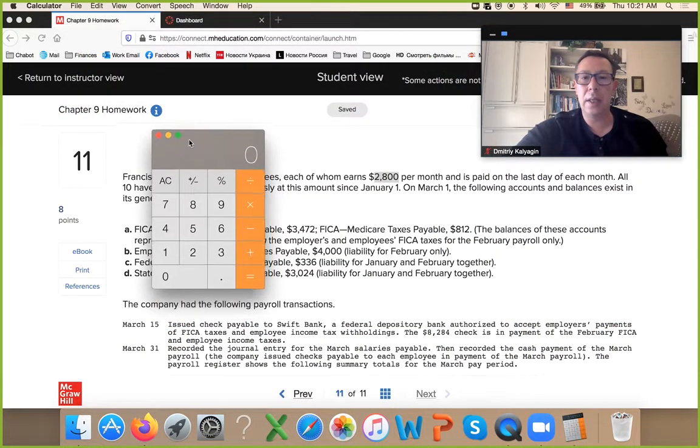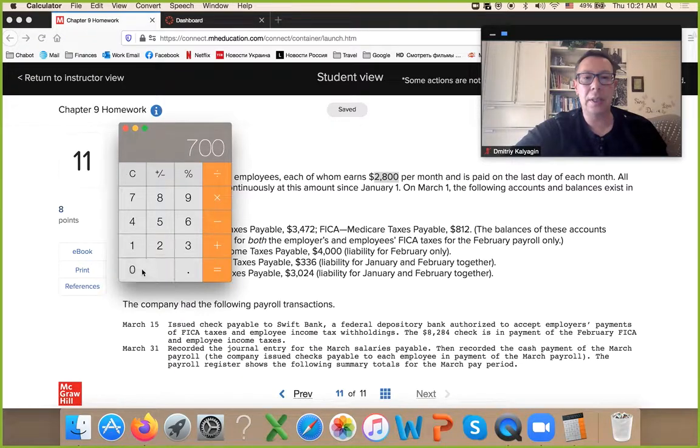So if you look right here, 7,000 is the cap for both unemployment, state and federal, and employees were already at 5,600. So even though they make 2,800, only 1,400 is taxable. And then you multiply it by 5.4%. So 1,400 per employee, and there are 10 employees, right? So multiplied by 10, so it's 14,000 multiplied by 5.4%.